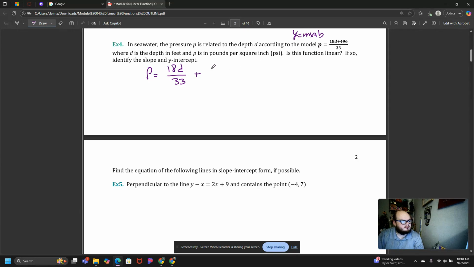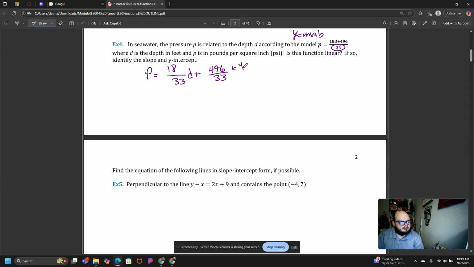Okay, but if we rewrite it like this, you can see it better if I put the d out in front instead of right beside that 18. You can see that this looks a lot like y equals mx plus b. And we're able to accomplish this because it has the same denominator, or bottom to my fraction. So I can just cut it up into two fractions.